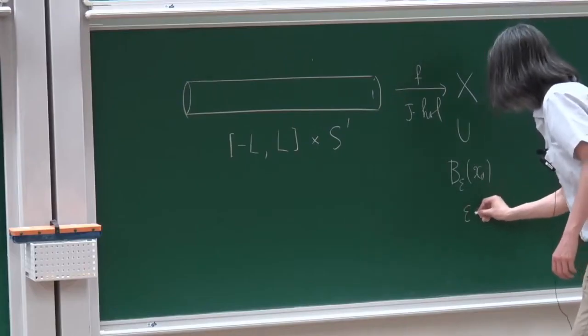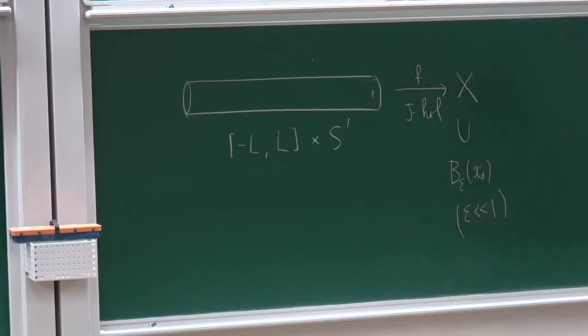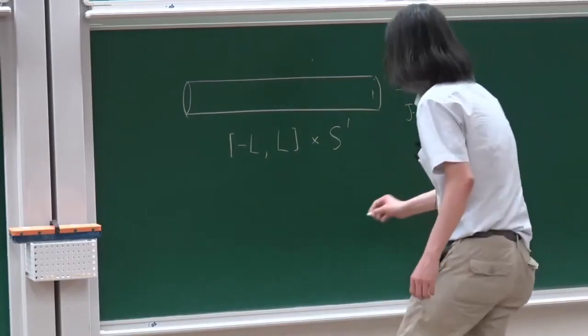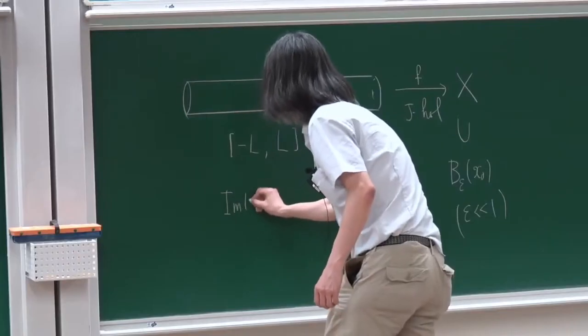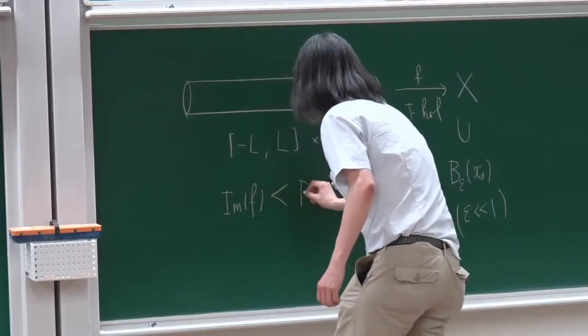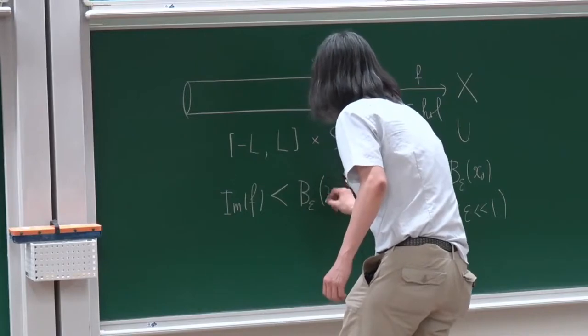So epsilon is a certain small number here. Let's suppose that the image of F is contained in this B epsilon of x naught.